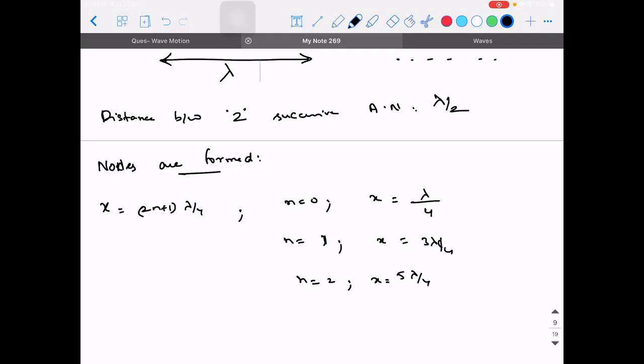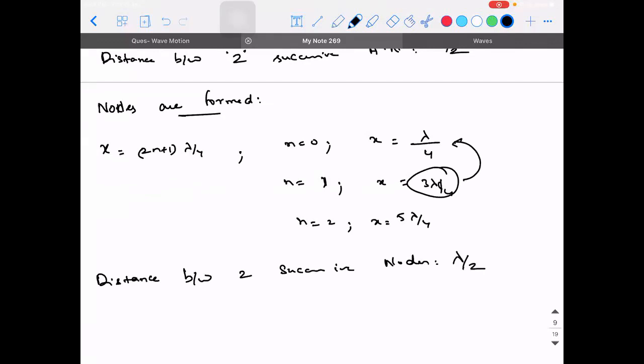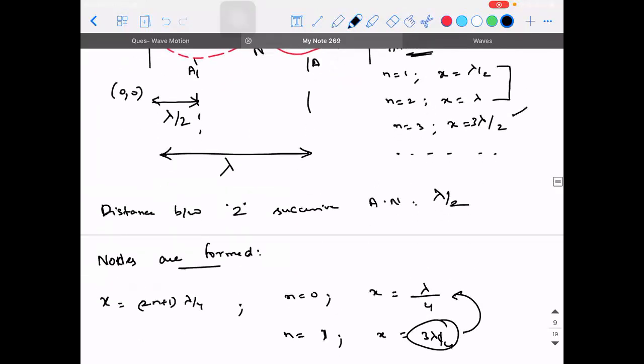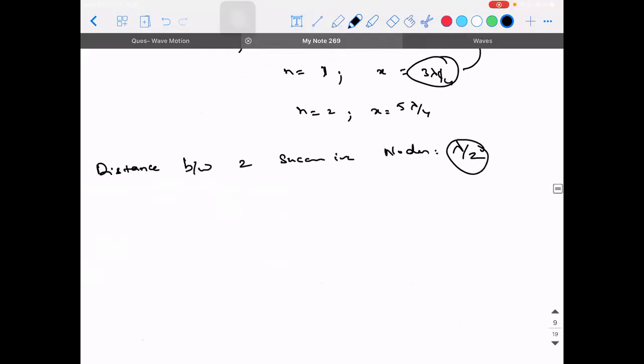So mathematically, what is the distance between two successive nodes? It will be 3 lambda by 4 minus lambda by 4, lambda by 2. So the distance between two successive antinodes is lambda by 2, and the distance between two successive nodes is also lambda by 2.